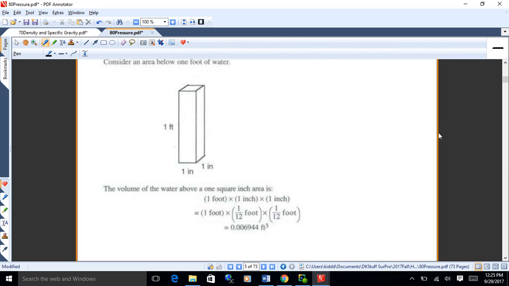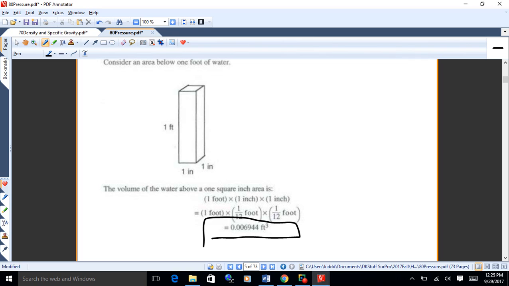A foot times an inch times an inch is the volume of that thing. We want consistent units, so we take a foot by 1/12 of a foot by 1/12 of a foot, and that gets us the volume, 0.006944 cubic feet. We're converting those inches into feet so the units match.